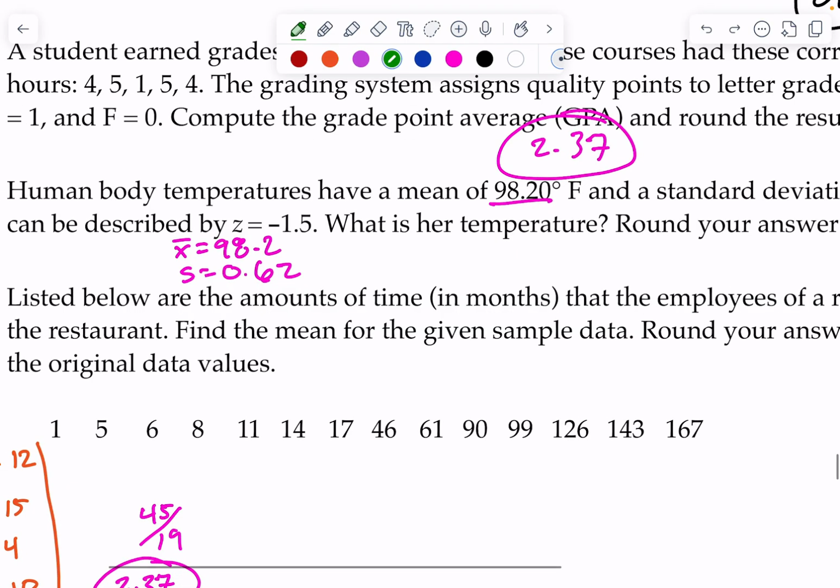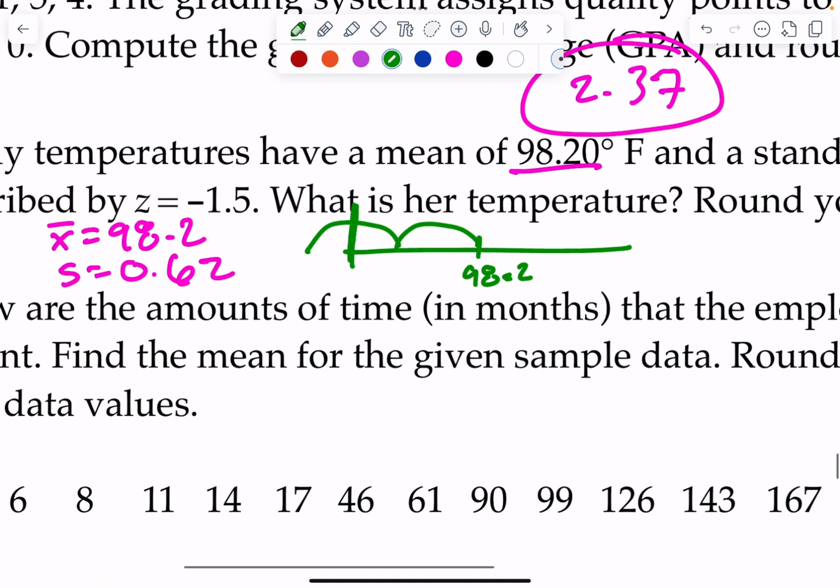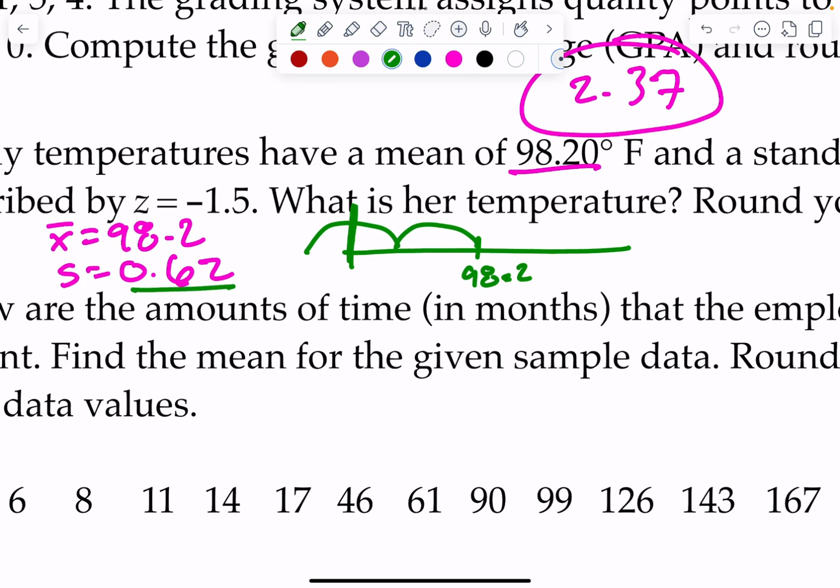So 98.2, just so we're clear, 98.2 is here, right? And she is 1.5 standard deviations below average, right? But 1 unit of standard deviation is 0.62. So it's like I've subtracted 0.62 and a half of 0.62, which is subtracting 0.31, right? Okay. Another way you could do this is just take 0.62 and multiply by 1.5.